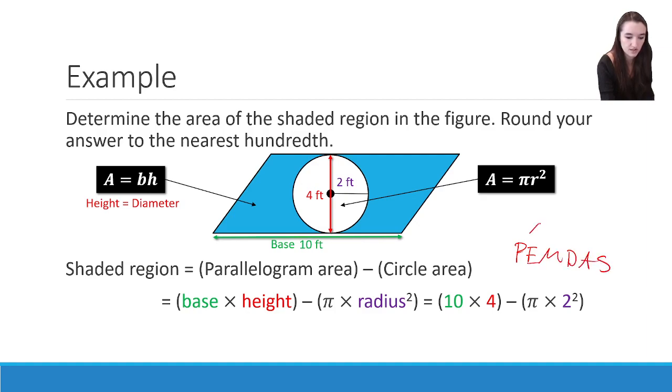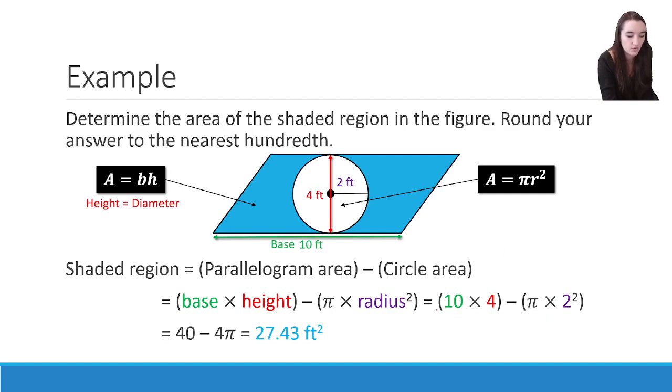We do everything in the parentheses first, which is how we get the 40, and we'll work in these parentheses before we do this subtraction. Inside the parentheses, we do the exponent first, which is how we get pi times 4, not 2 pi squared. It's very different. Then we multiply those together and subtract.